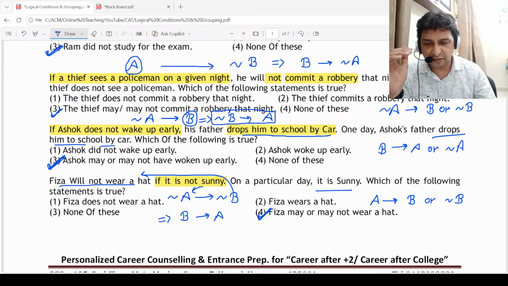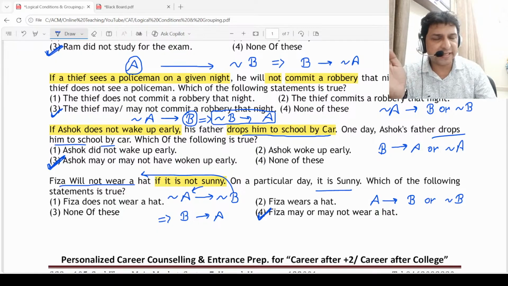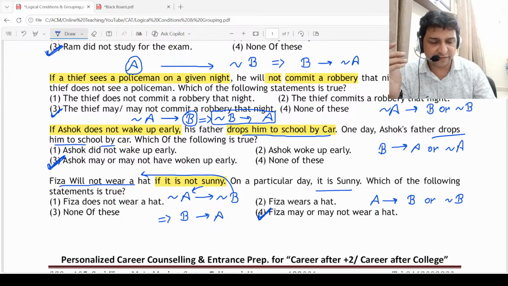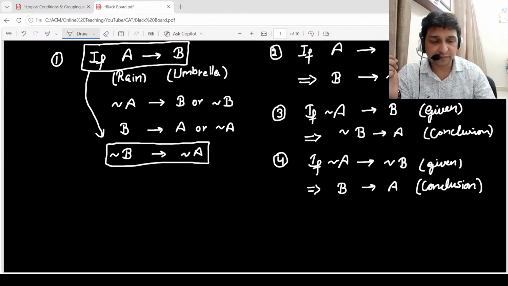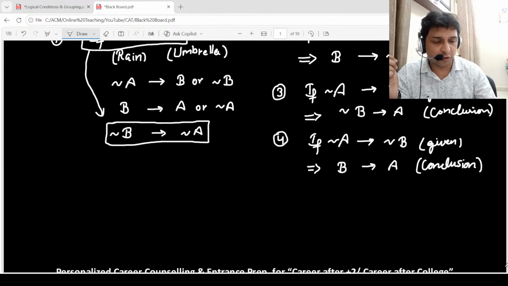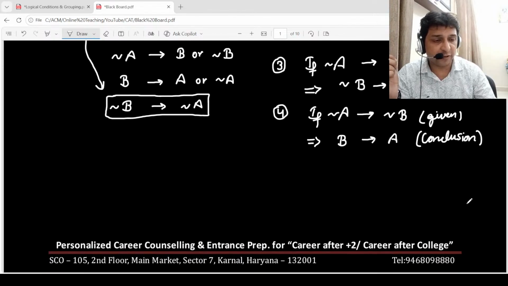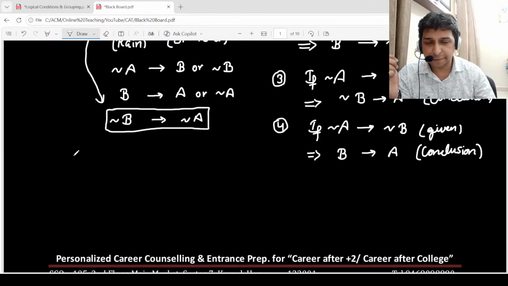Let's go further. There are certain cases where we have some more statements like "if and only if". So if there is a question which has "if and only if", how will you take care of that?